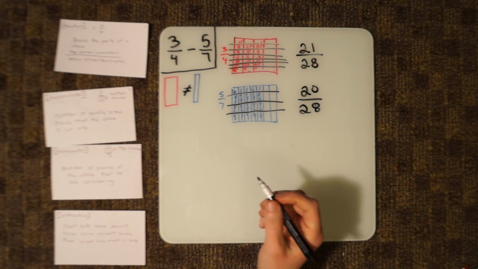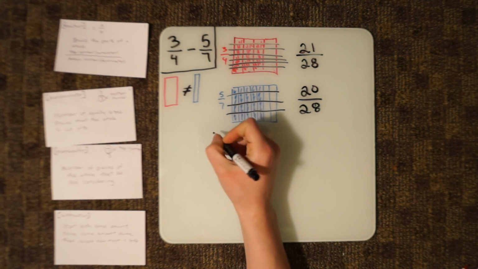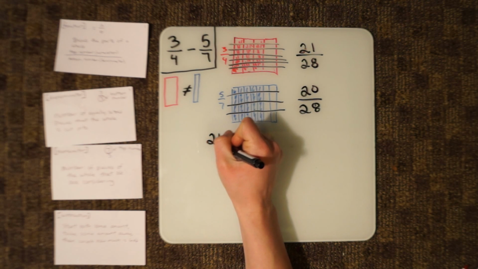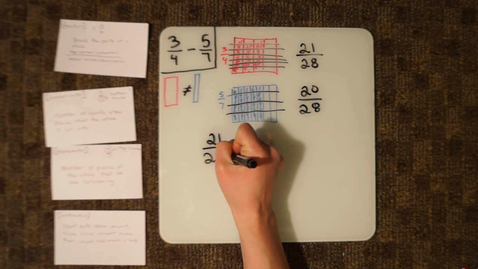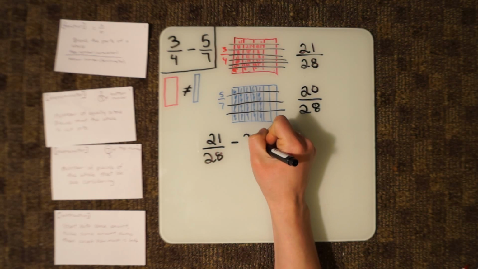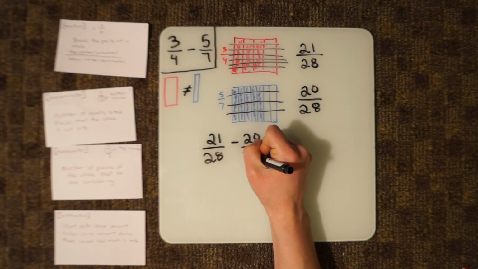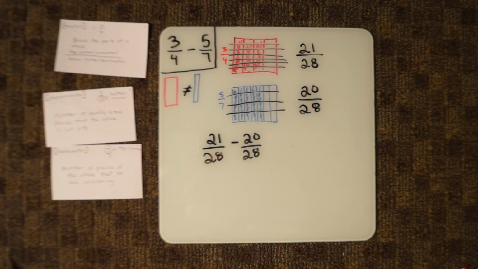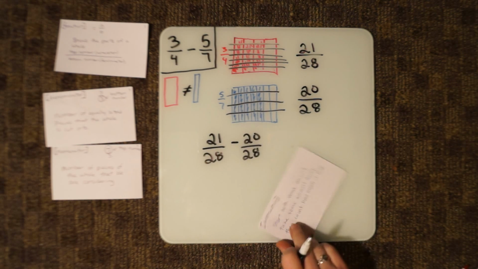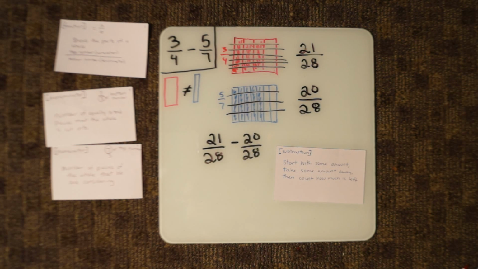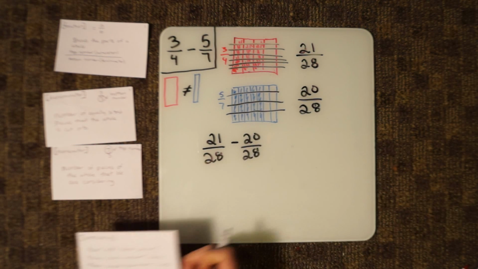Now we can bring our fractions down here to rewrite them as 21 over 28 minus 20 over 28. So now let's introduce what it really means to be subtracting. So we start with some amount and we take some amount away, and then we want to know how much is left.